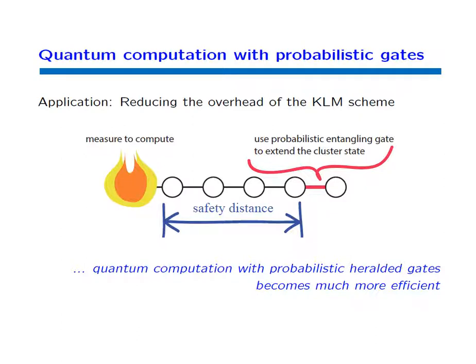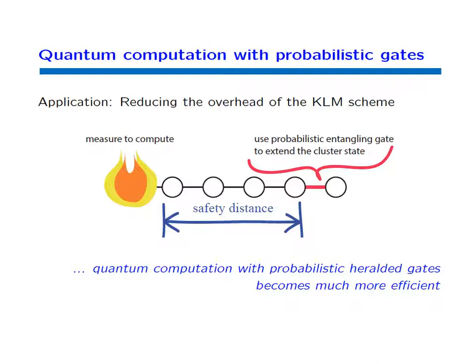This slide gives you an overview of the idea. Before I begin to explain this idea, let me just mention a major application of all of this. The techniques that we are going to discuss today are very useful in reducing the overhead of the KLM scheme of linear optics quantum computation.